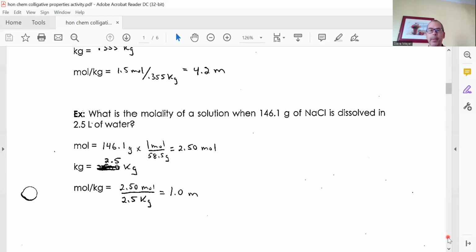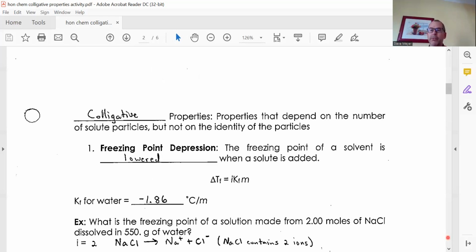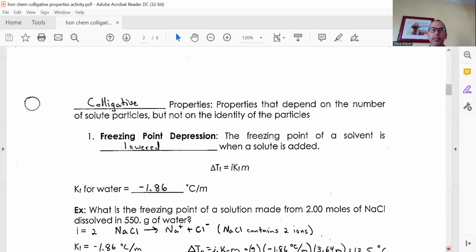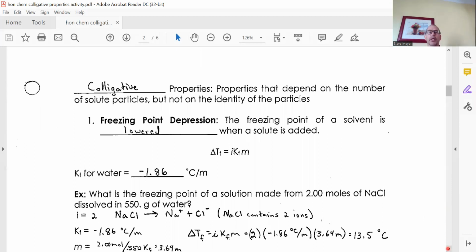Okay, as far as colligative properties, they depend on the number of solute particles, but not on the identity of a particle. And two of the ones that you're going to look at is freezing point depression and boiling point elevation. So this is how freezing point depression works.